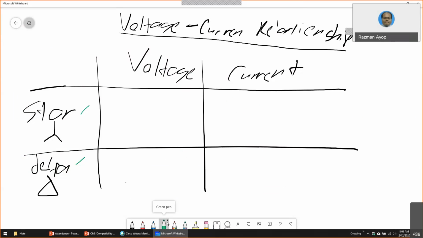For delta connection, the line voltage is equal to the phase voltage, and for the star connection, the line current I line is equal to the phase current. You need to know which one is the same, which one is not. But for the other quantity, it is not the same.